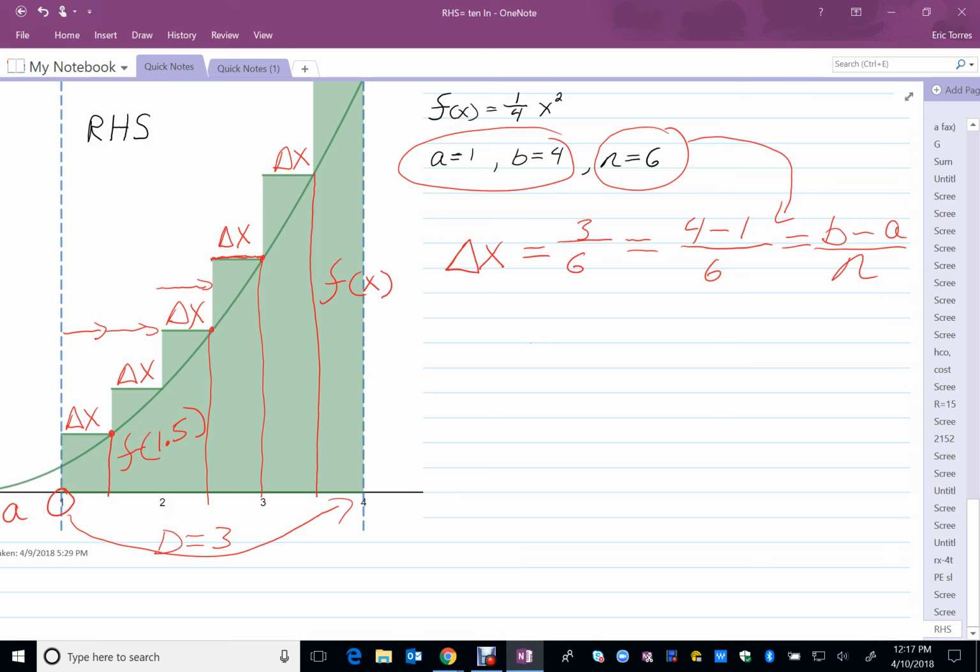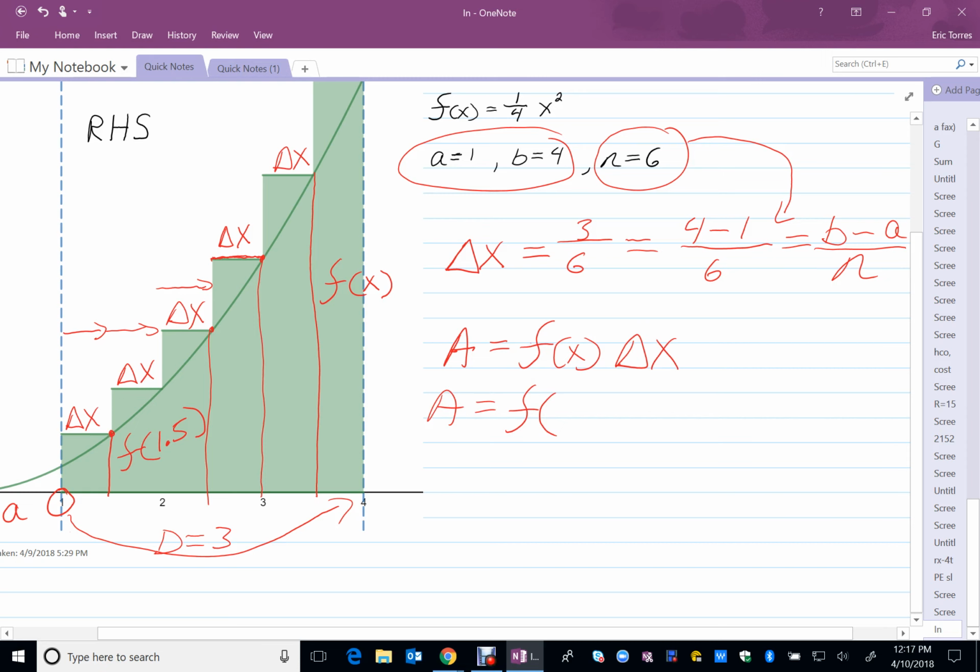So for each rectangle, the area of each rectangle, it's going to be its height times its width, and more precisely, that height is going to come at not the a value, because it's going to be past that.